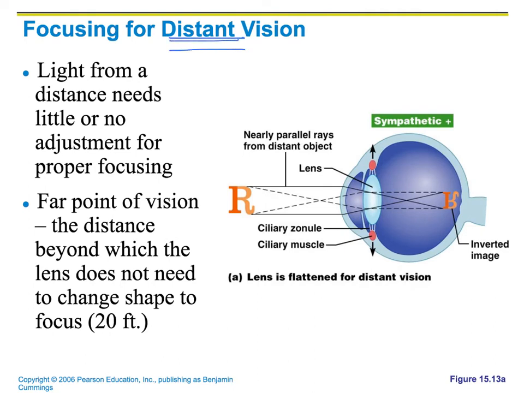Alright, this was important. Some of the changes here, when you're looking at something far away, the object is small, so we want the light rays to go straight into the eye and onto the retina. So we want your lens to be flat, and we said to act like a pane of glass, and to just allow the light through without refracting it too much. If the lens is flat, we're going to want to tug on that lens and stretch it out and make it nice and flat.